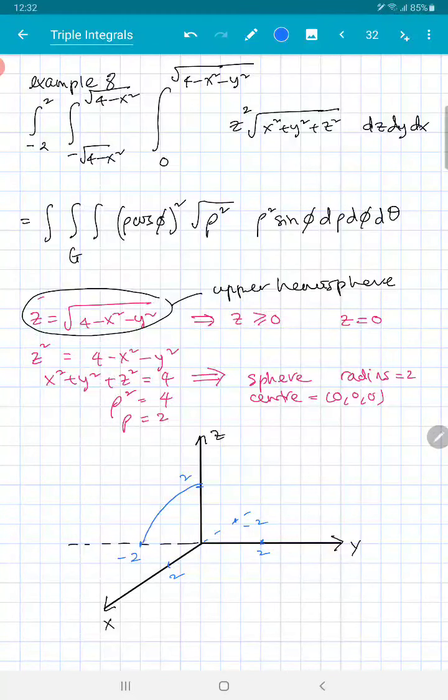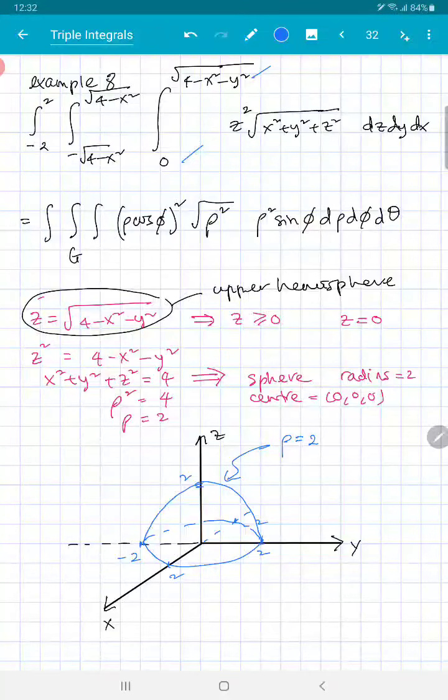We only sketch the upper hemisphere because the lower limit is z equals 0. Even though we only take half of the sphere, the equation of the sphere is still rho equals 2. So that is using the upper and lower limits for z.